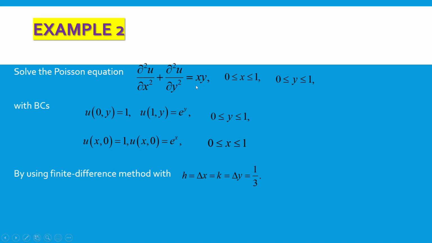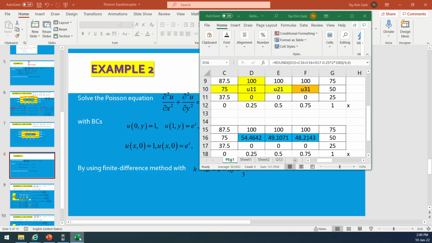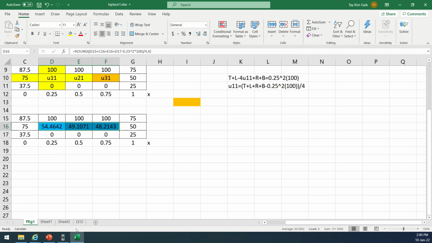So now the right hand side is the function x times y, where x is from 0 to 1 and y from 0 to 1, with the boundary conditions u(0,y) equal to 1, u(1,y) equal to exp(y), u(x,0) equal to 1, u(x,1) equal to exp(x), where x is from 0 to 1, by using the finite difference method with h equal to k equal to 1/3. Okay, we form it using Microsoft Excel.